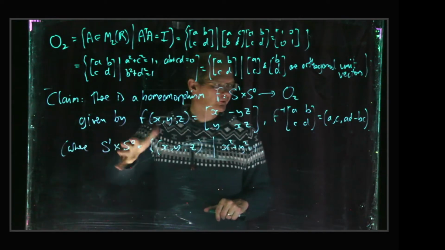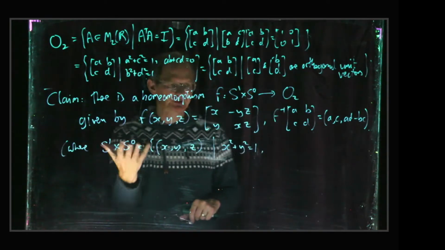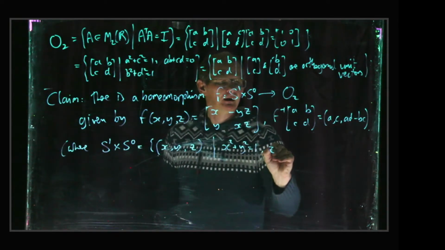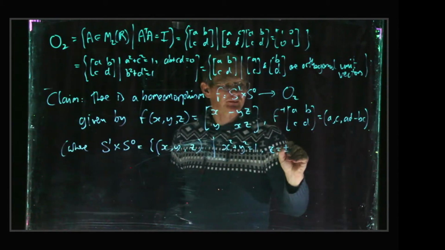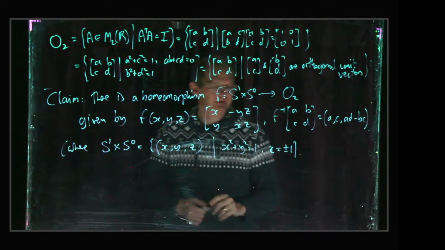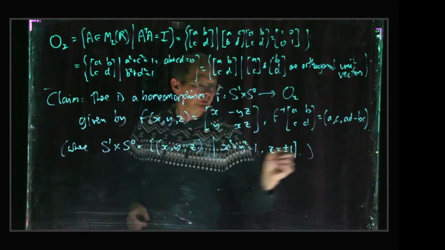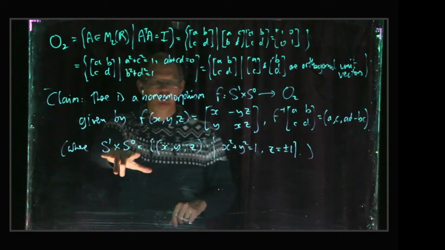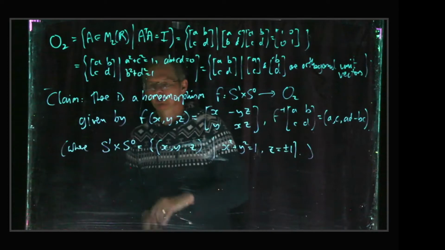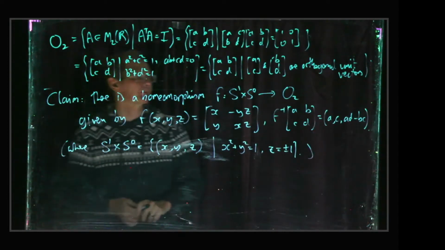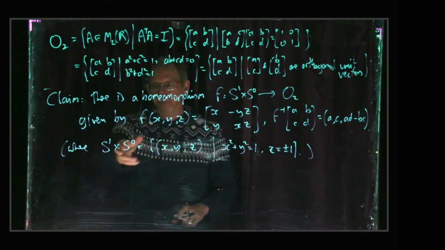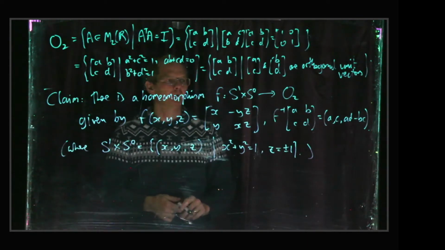But S0 is the unit vectors in the real line, that's just plus or minus 1. So Z has got to be plus or minus 1. And so that's what this space S1 cross S0 is. This is basically the union of two circles: the circle crossed with plus 1, the circle crossed with minus 1. And so that's claiming that this is a homeomorphism.